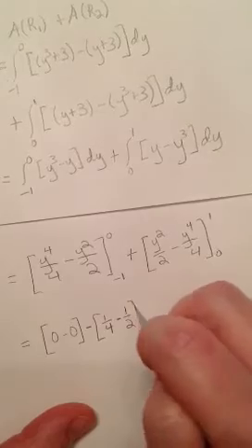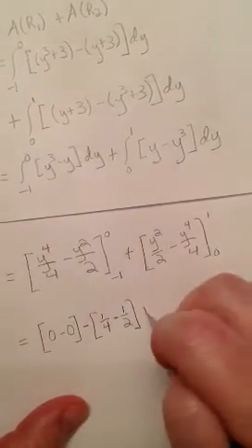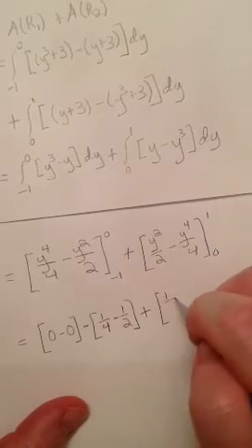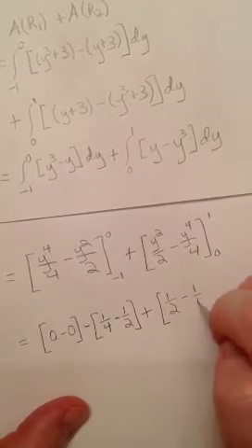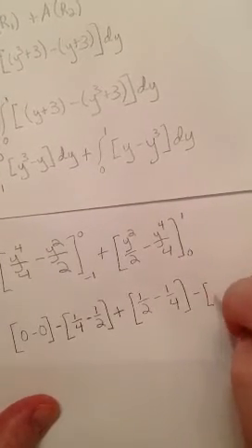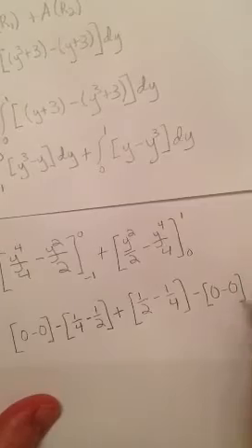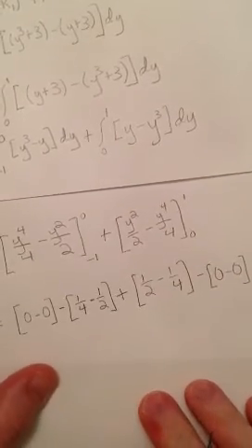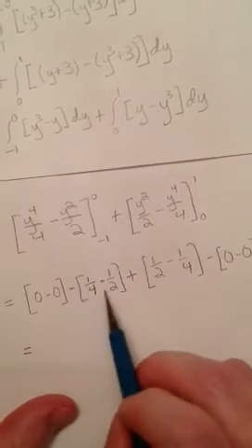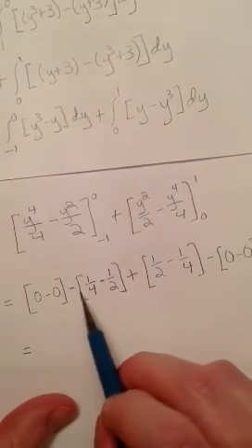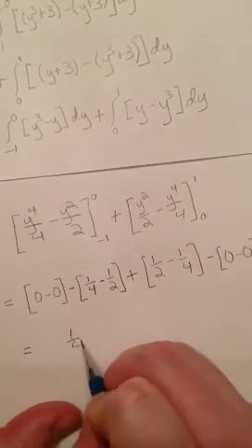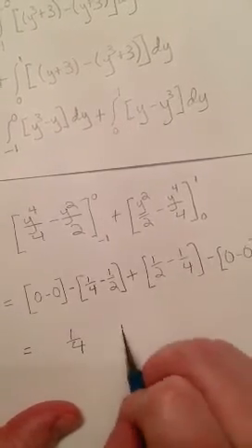Then with the upper limit at 1, we have 1/2 minus 1/4, and the lower limit again goes to 0. And so we have 1/4 minus 1/2 is -1/4, distributing the subtraction. Then we have 1/2 minus 1/4 is 1/4.